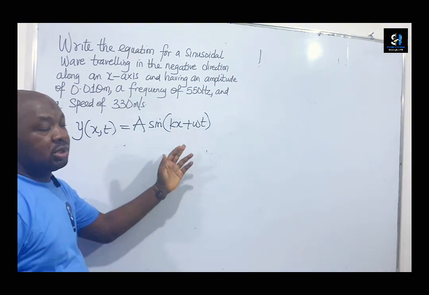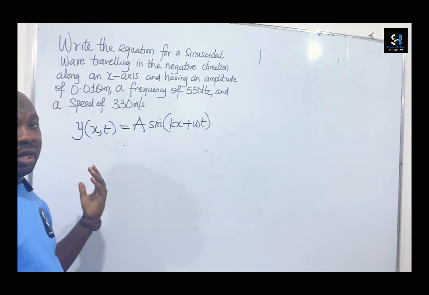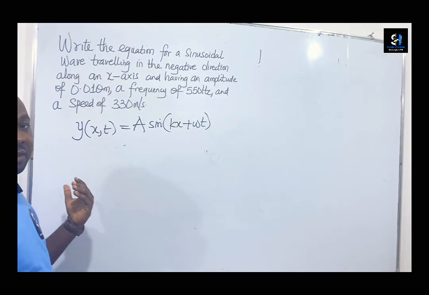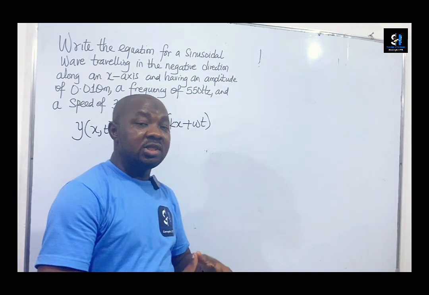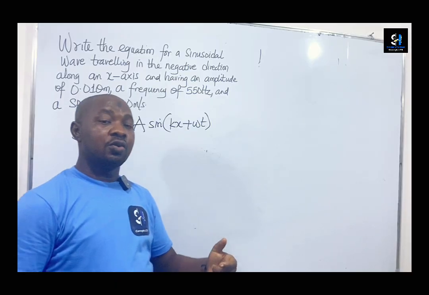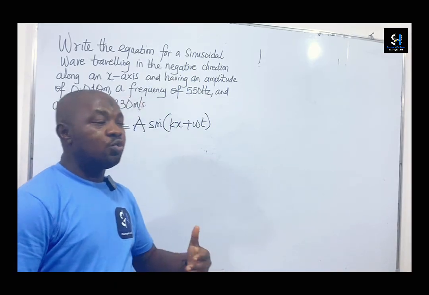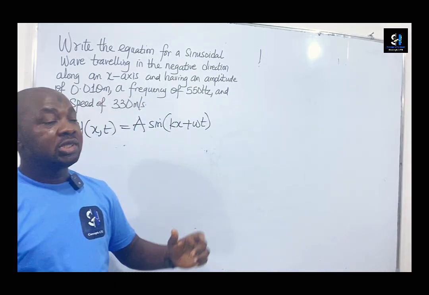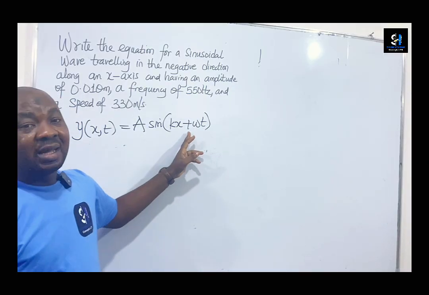This is because the wave moves left, which means the wave is shifting in the opposite direction of the x-axis. When the wave moves right, the sign in the equation will be negative.